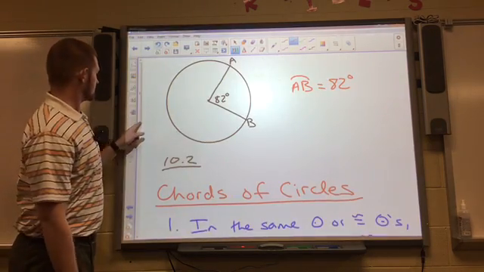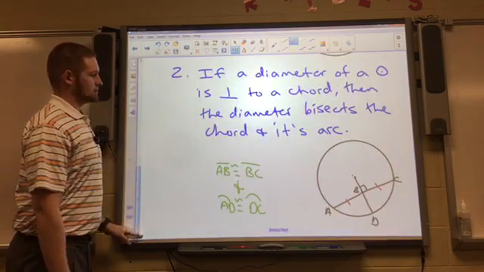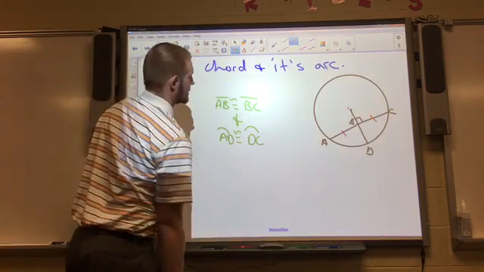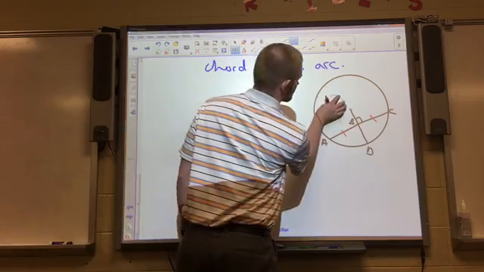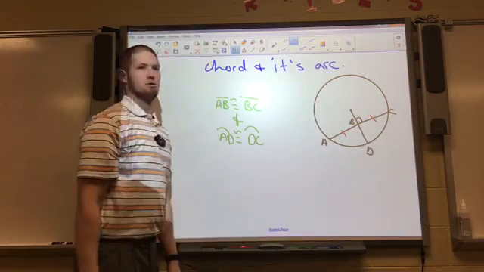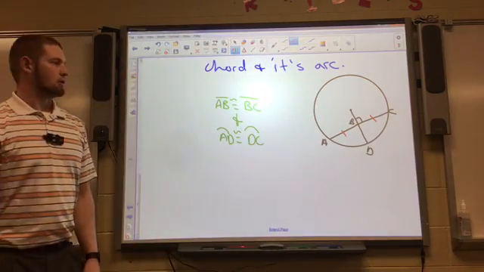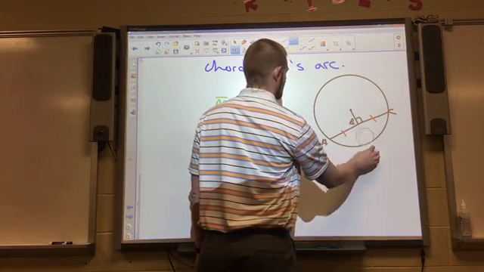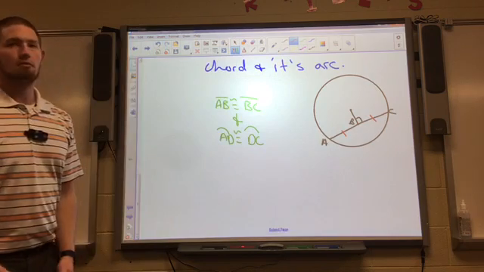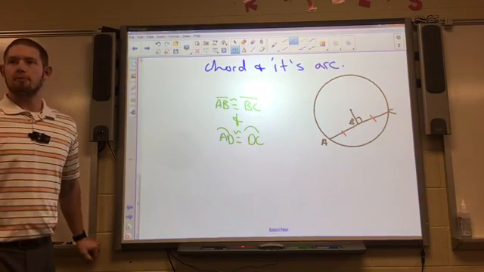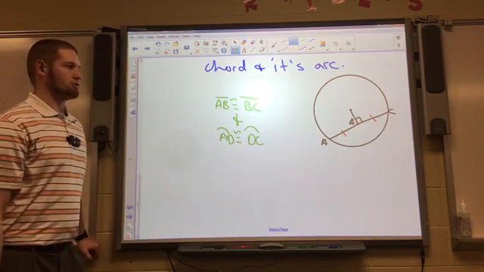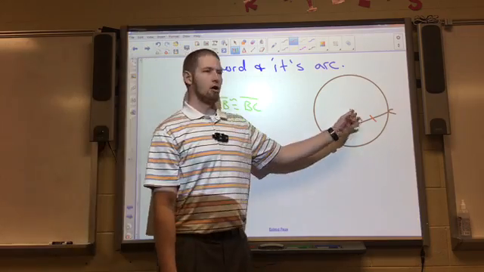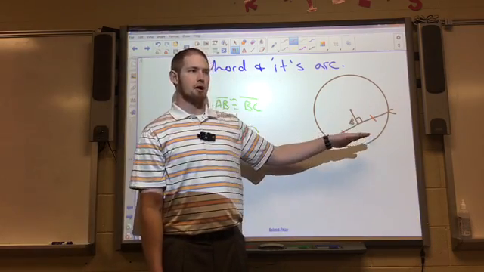My board's all sorts of messed up right now. Does a radius have the same qualities as a diameter does? Yes. What about this? Yes. The theorem still holds true. Now, can it bisect the arc? No, because it doesn't go that far.